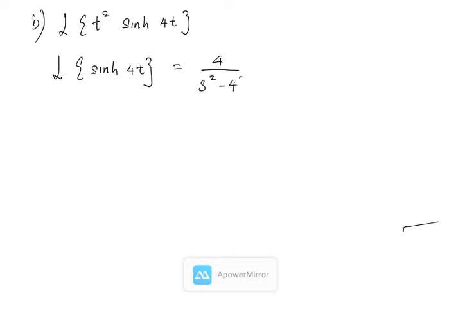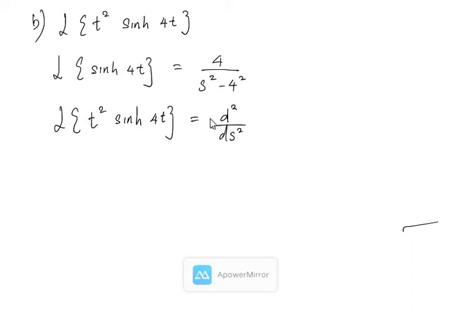Second question is the Laplace transform of t squared sinh 4t. As you know, the Laplace transform of sinh 4t, from the table of Laplace transforms, you get 4 over s squared minus 4 squared. So for this question, I use the derivative of transform. I get d squared over ds squared.